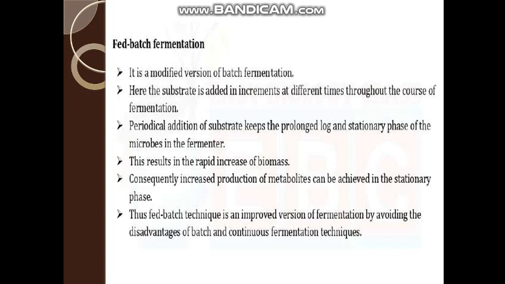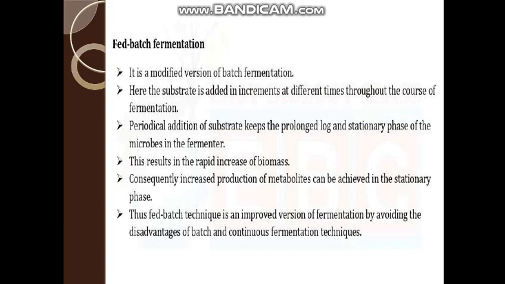Here the important thing is what we could not observe in batch fermentation process. In batch fermentation process, we get a product, the same in fed batch fermentation process, but the form of product differs. In batch fermentation, for example, we get alcohol from carbohydrate, but in fed batch fermentation our requirement is the biomass of the organism. We take the example of yeast, Saccharomyces cerevisiae, which is baker's yeast.